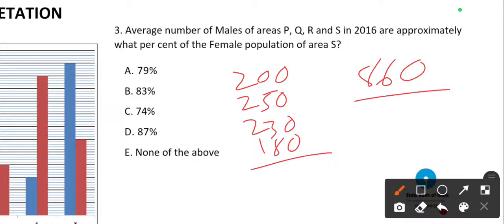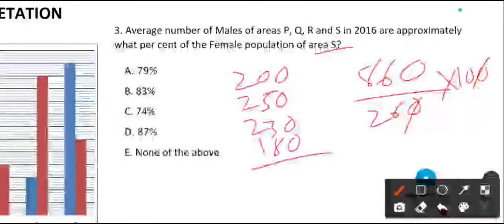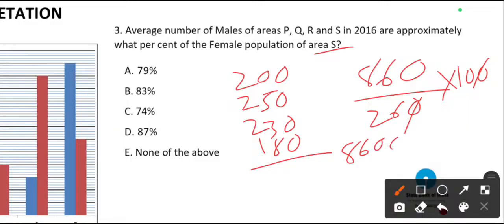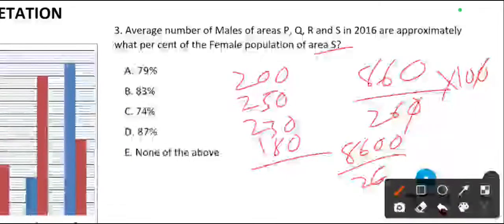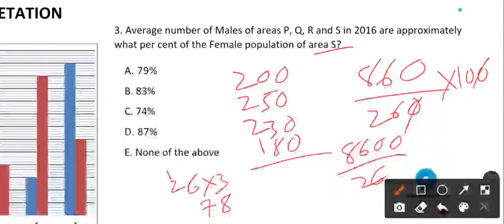Whole together is approximately what percentage of S females? S females is 260. So 0, 0 cancel. We have 8600 divided by 26. 26 3 times 78.